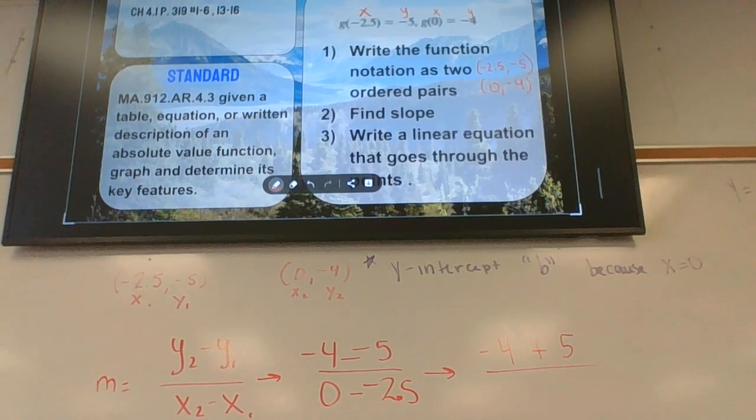They cancel each other out. So this is 1 over 2.5. What do you get? Okay, I'm going to go ahead and divide that in a calculator because I don't like a decimal in a denominator. Might as well keep going. 0.4.